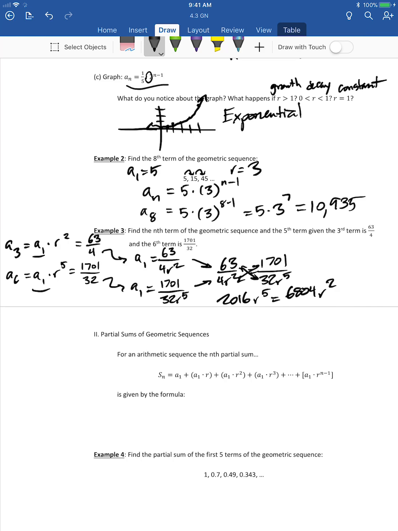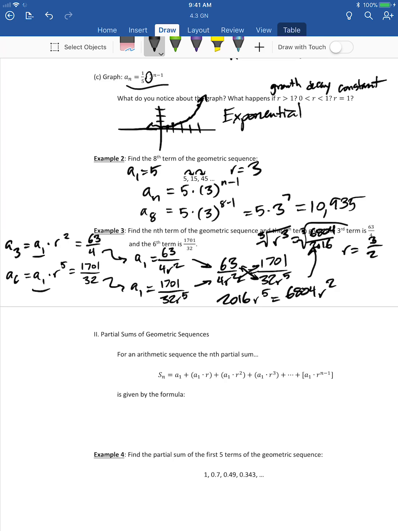Divide both sides by 2016. I know this is getting messy, I apologize. That's r cubed equals 6804 over 2016. Solve for r. Take the cube root of both sides. Plug this into a calculator, and you will get r equals 3 over 2 in the end.